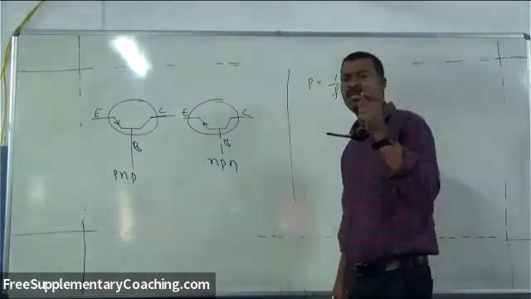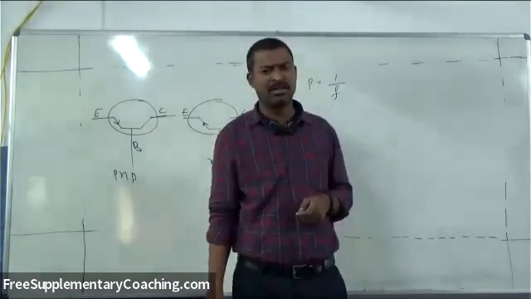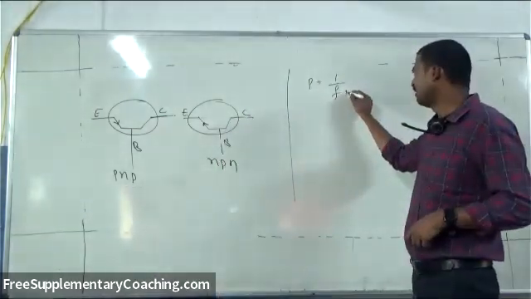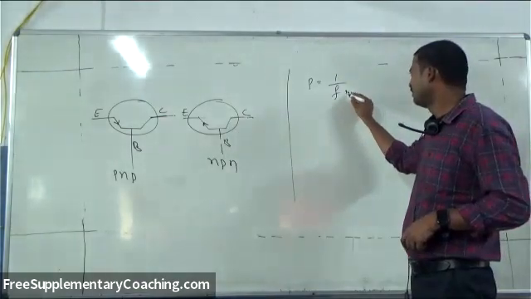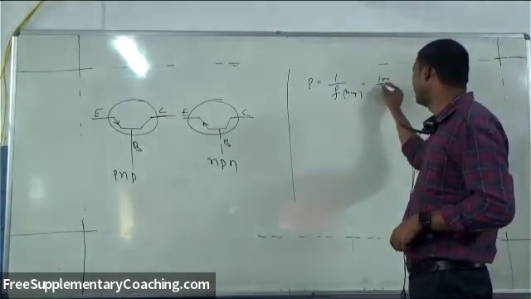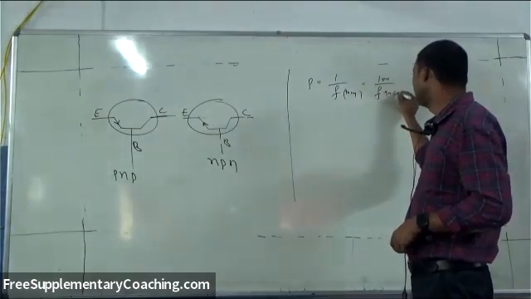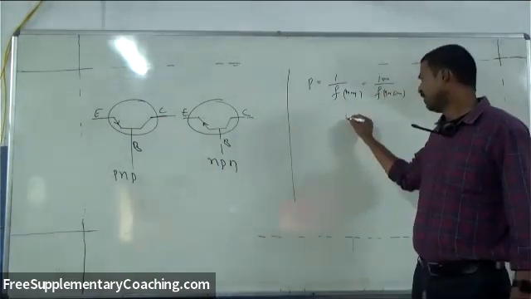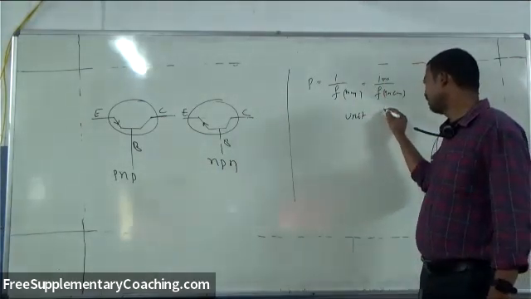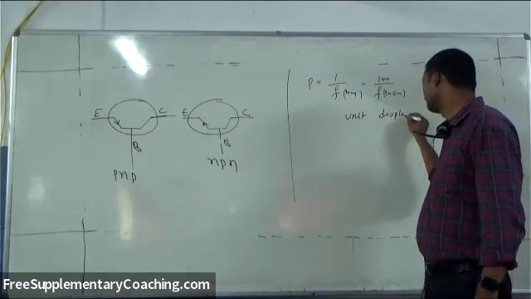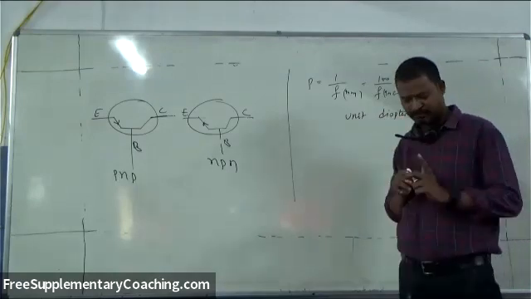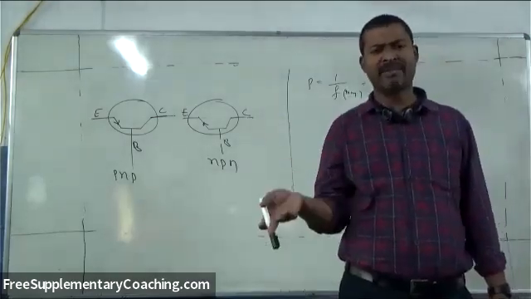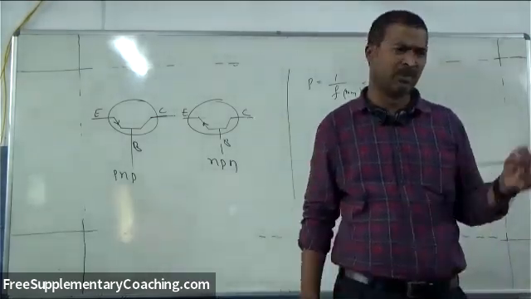The reciprocal of the focal length of the convex lens we call power, or simply we can write, with F in meters, or otherwise 100 by F with F in centimeters. The unit of power is diopter, D. Clear? Simple. Correct?